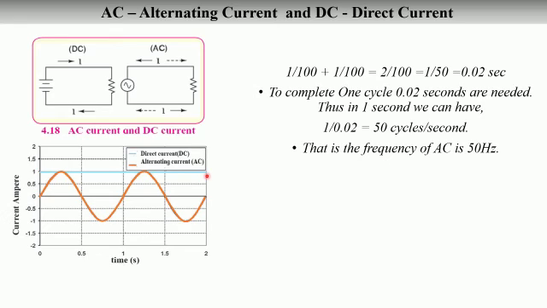So I hope you have understood what alternating and direct current are, and the frequencies also. And from here we come to know that the magnitude, that is the value of alternating current, changes, as well as the direction also changes. So here you see that the magnitude has become maximum, then it becomes 0, and then it becomes minimum at a particular time.